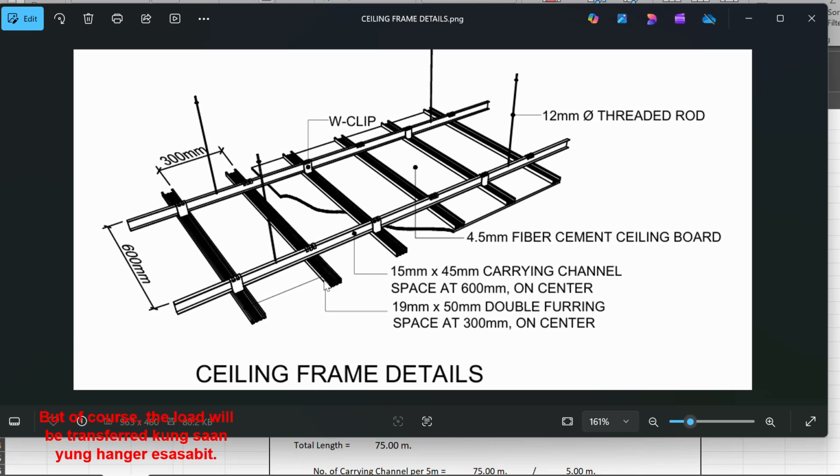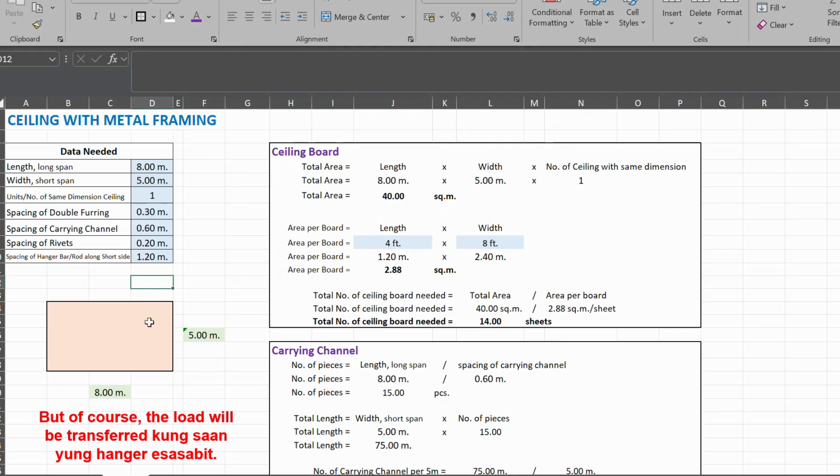Siya yung magki-carry ng weight ng ating ceiling board and this double furring. So the carrying channel at 600 mm spacing should be placed parallel to the width. Okay, parallel or along, whatever. So igaganyan mo pagka-place. Okay, ganyan. Yung placing ng carrying channel.